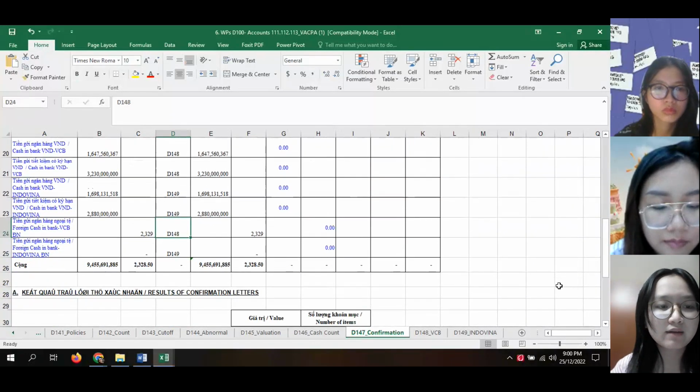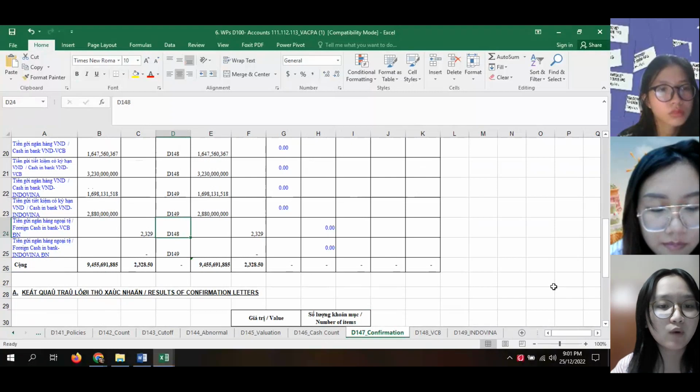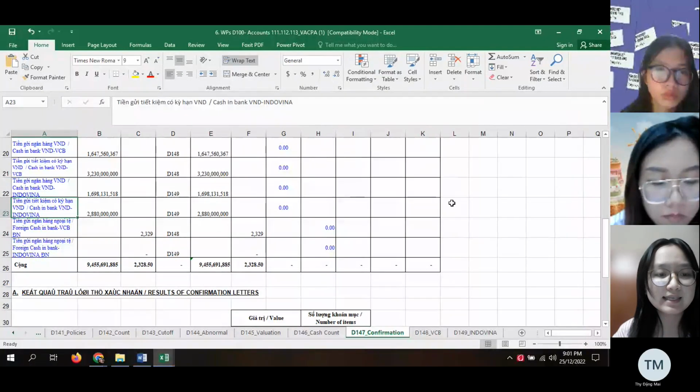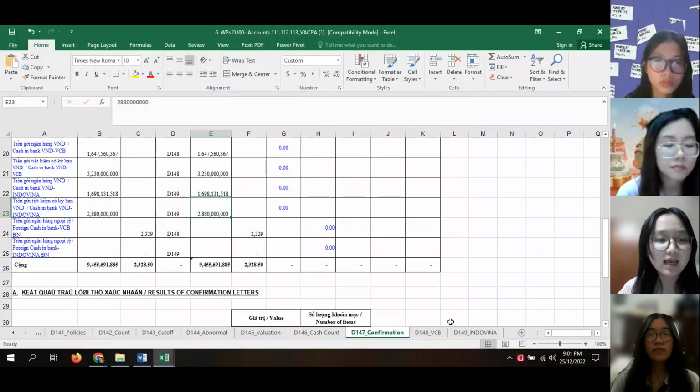And about the cash in bank VND in Indovina, 1,698,131,519 with the reference D149, and the last one is cash in bank VND in Indovina, 2,880,000,000 with the reference D149.